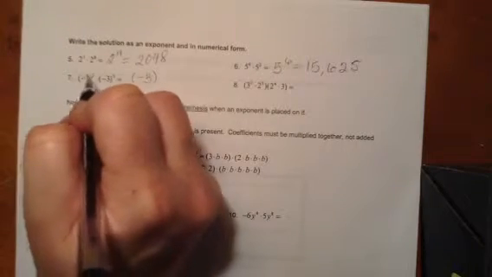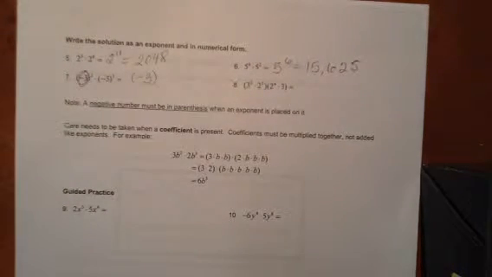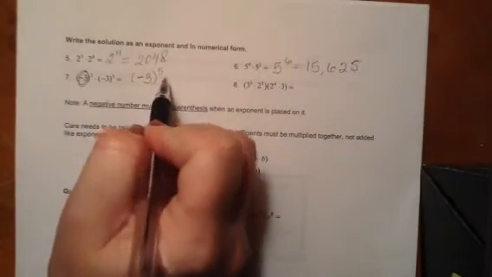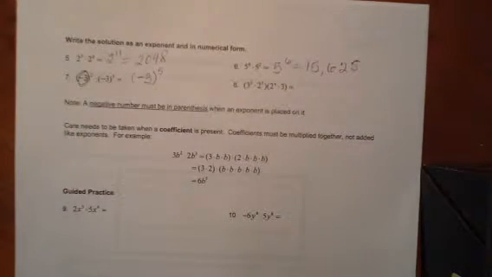When you have a negative in parentheses, we've talked about negatives quite a few times. We've got to be very, very careful about this. If you have the negative, it means that negative has to stay inside to the 5th power. Just like we talked about before, if you are multiplying and you have an odd number of negatives, you get a negative number.